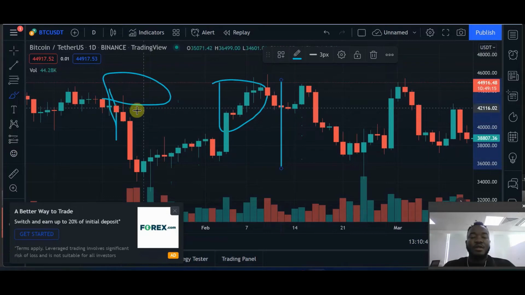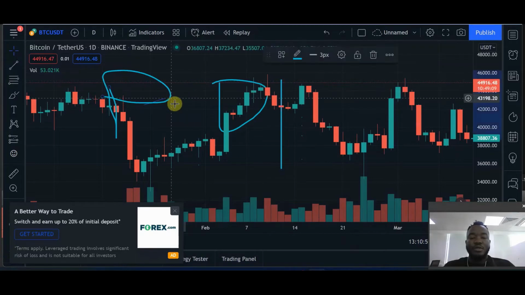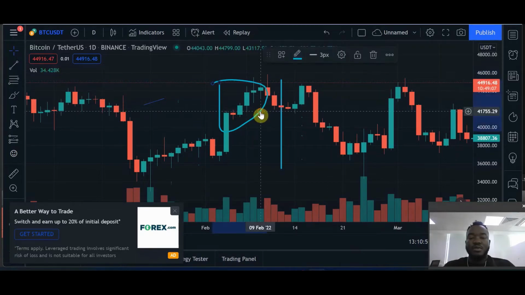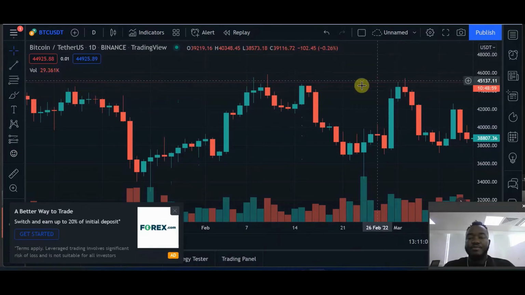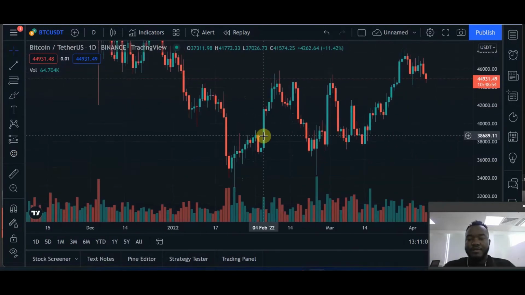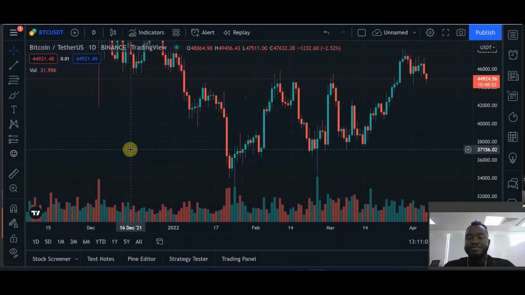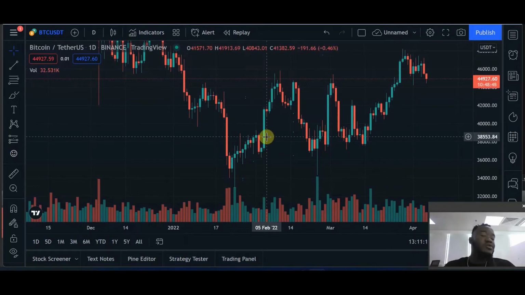Now let's go, and I will show you what we are here for today. Let me remove all this and open this chart properly to show you what we are going to do. Now, a point of interest serves as support or resistance.